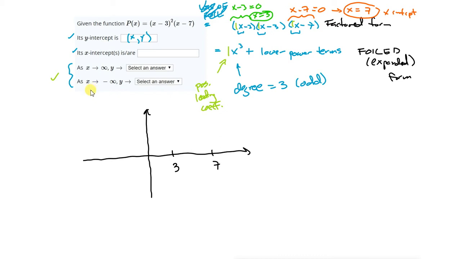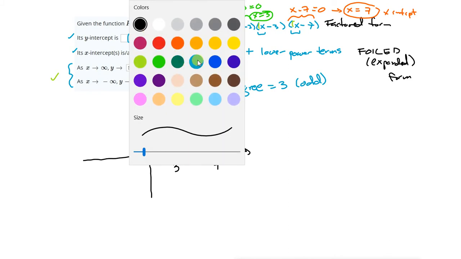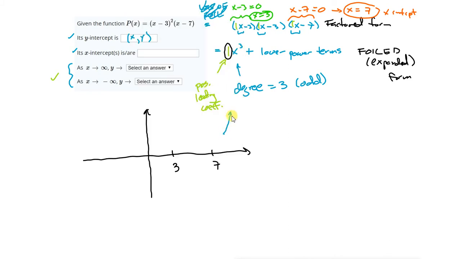Okay? Since this is odd degree, ends go opposite directions. Since it's a leading coefficient that's positive, I go up to the right. So I know my function is going to go up to the right. But since it's odd degree, it's going to go opposite directions, which means it's going to go down to the left. So what's happening at these x-intercepts? I know the function passes through these x-intercepts.